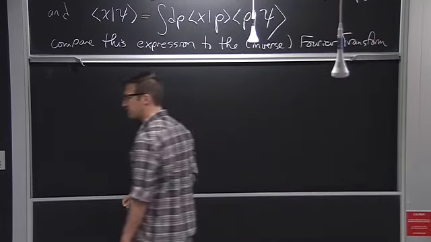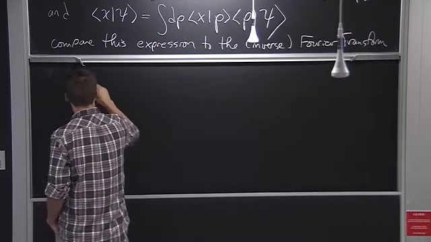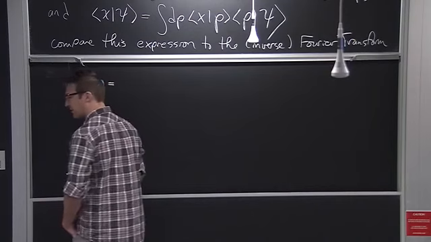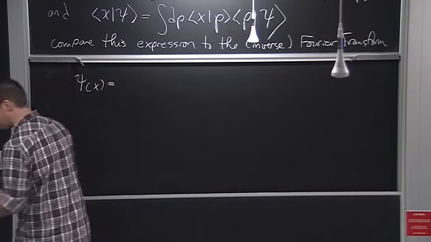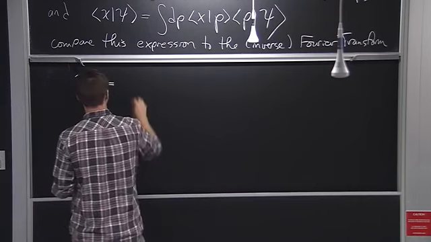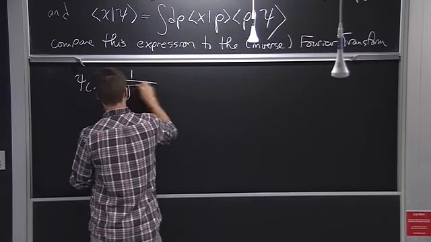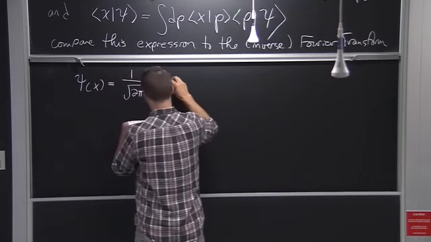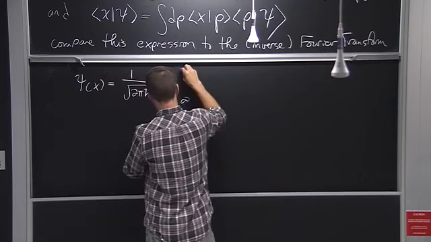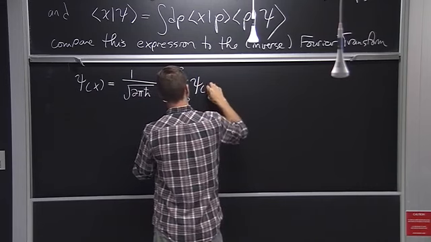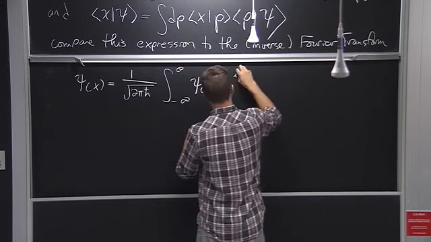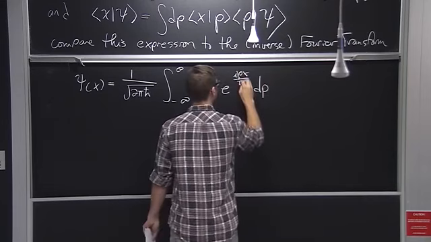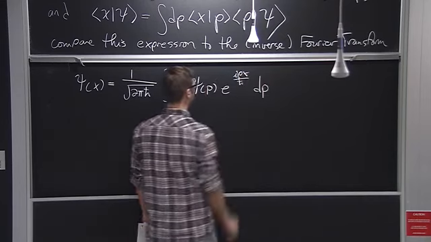One way of seeing this is to just write the Fourier transform or its inverse, whichever one you have. So if I have something in position space, let me get the normalization right here. I could obtain this from a momentum space wave function just by Fourier transforming. There's my momentum space wave function, with e to the i p x over h bar.